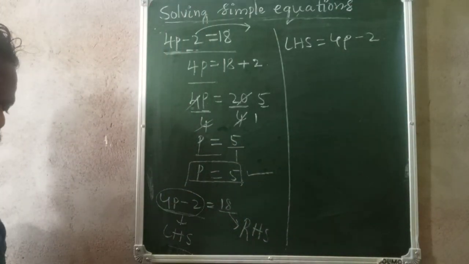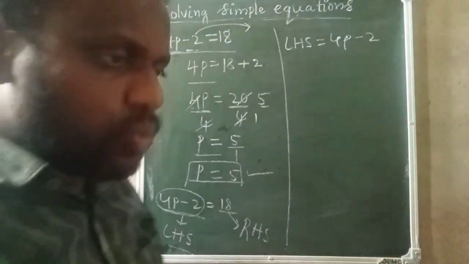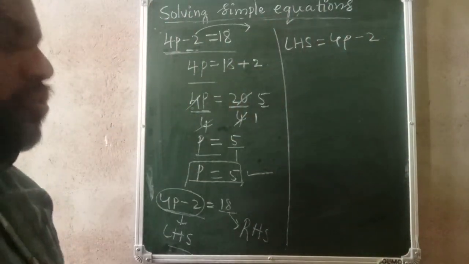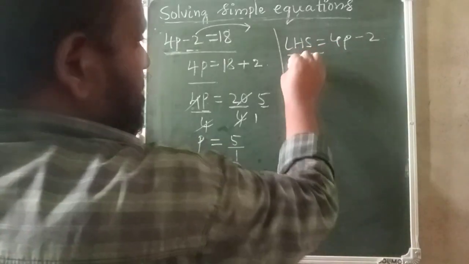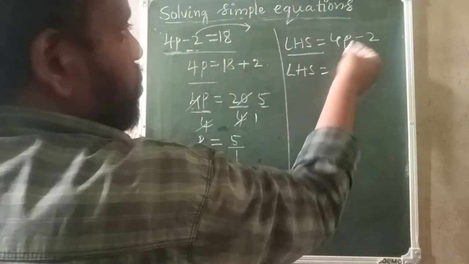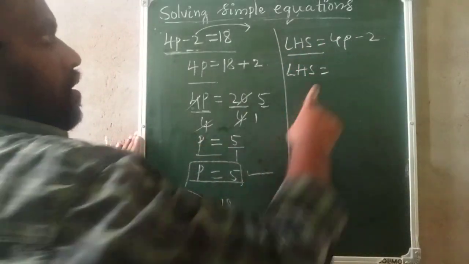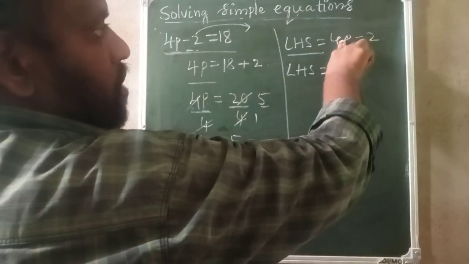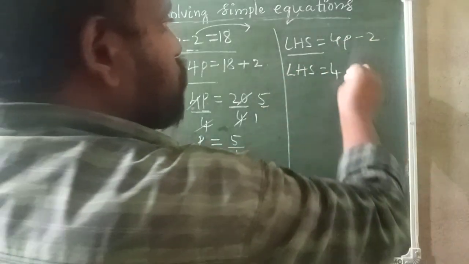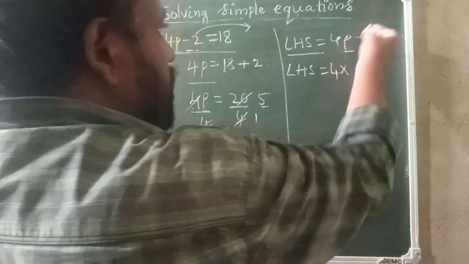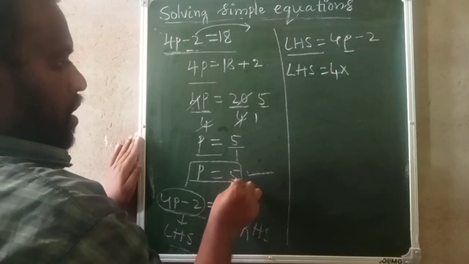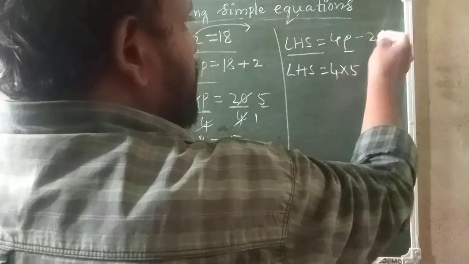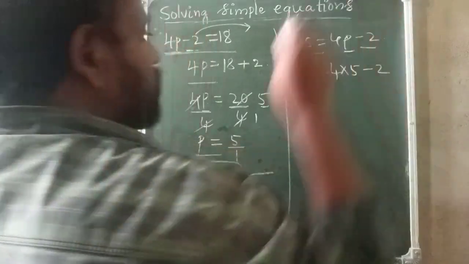Next we have to substitute the value for p. Before substituting, write LHS is equal to 4, and after 4 there is a multiplication, since 4p means 4 into p. So I will write into. In place of p we substitute 5, because the value of p is 5. Minus 2 stays as it is.